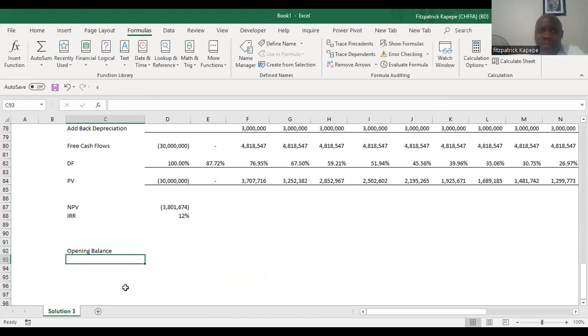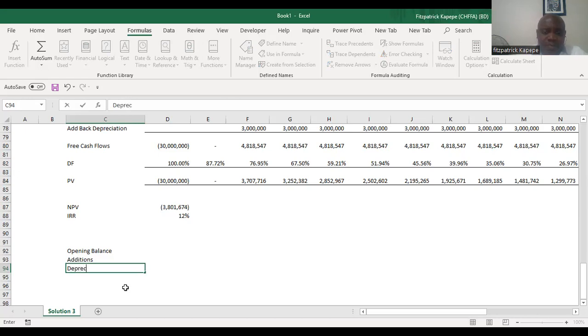Then you have any additions, assets that you are adding. Then you have opening balance, additions. Then you now have depreciation and closing balance.